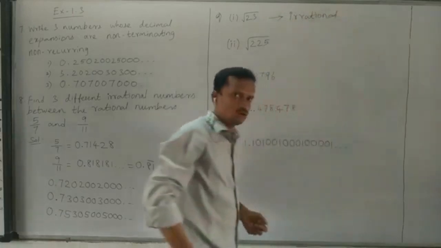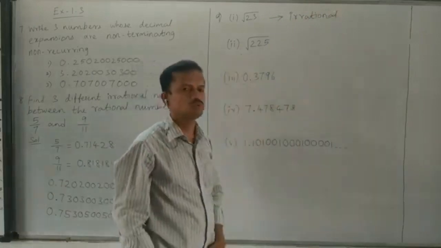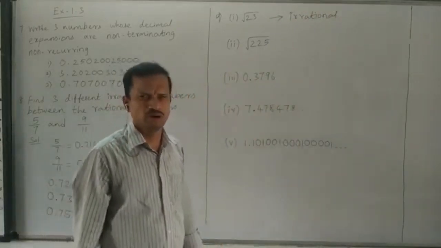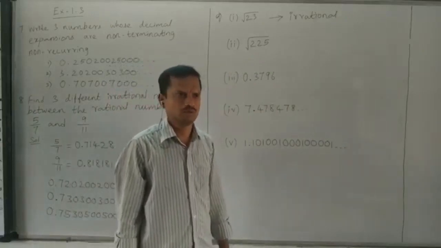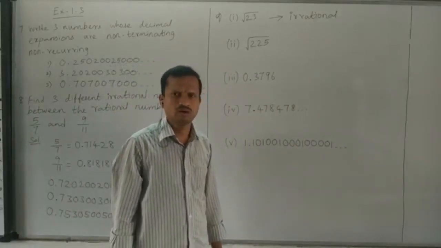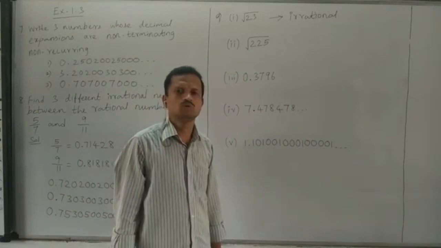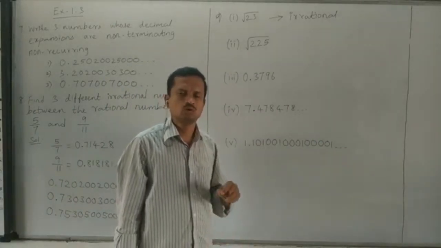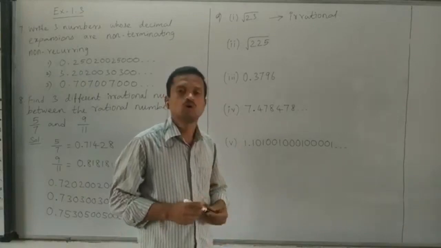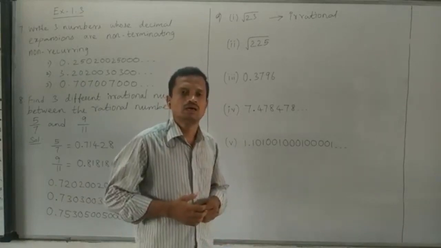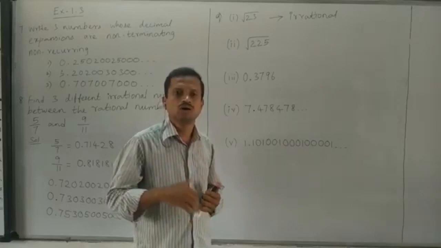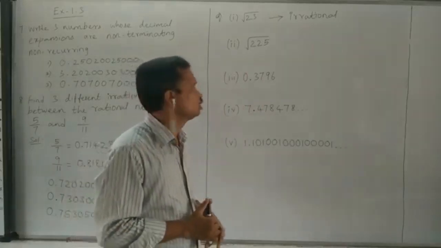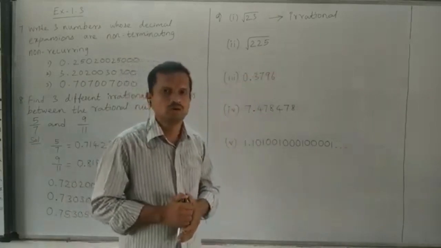And now coming to the option 2, square root of 225. So 225 is a square number. Simply we have to know up to 20 square, 1 square, 2 square, 3 square, etc. up to 20 square. If you know thoroughly, then it is easy to find out such numbers are rational or irrational. So what is 225?